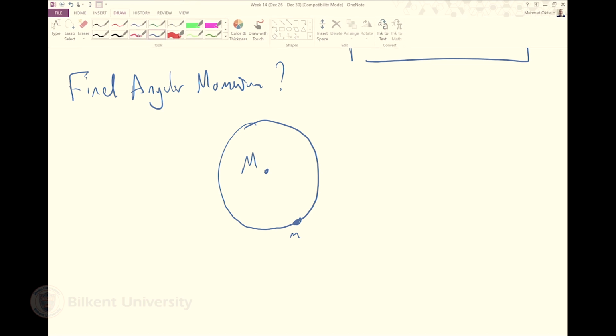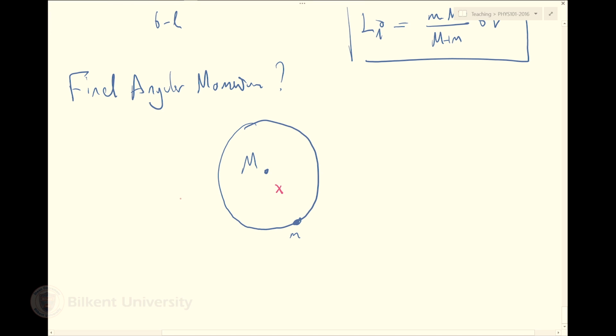I know that its center of mass still keeps moving on that line, and my axis is here. Axis is on center of mass. Right? So what's my L final?